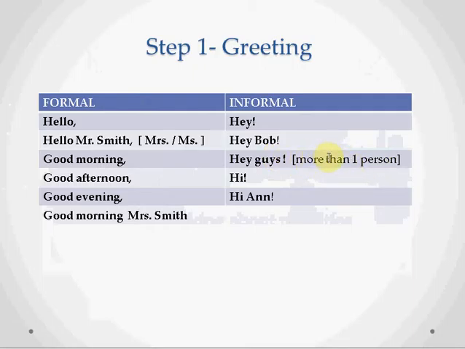So if we have two or three people standing in front of us, we could say hey guys. We can say things like hi. Hi is informal. We wouldn't say necessarily hi to a person we don't know. So we would rather say hello or good morning. But to a person that we know very well, we would say hi. Hi Han, hi Bob, hi Tom.